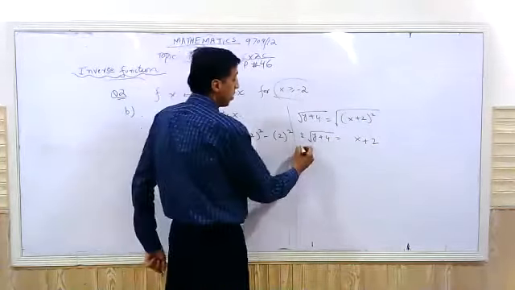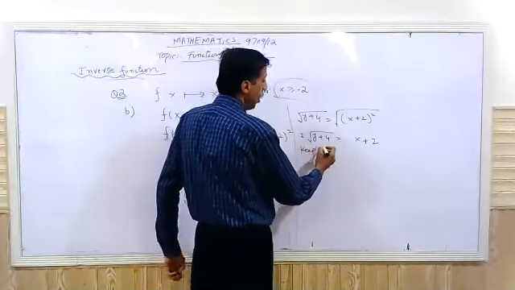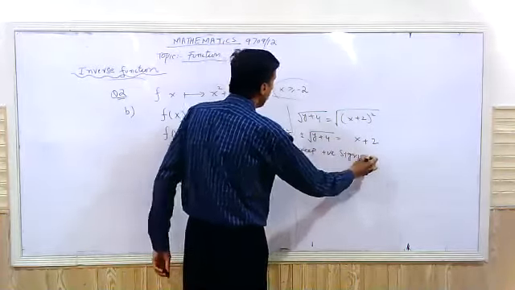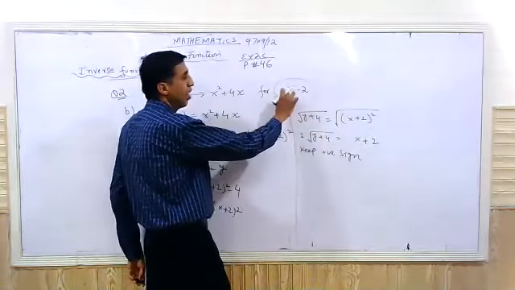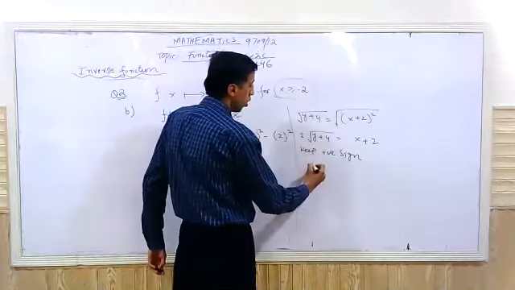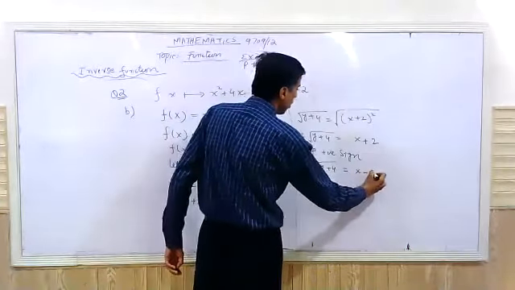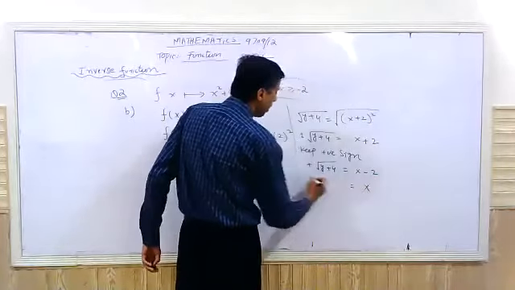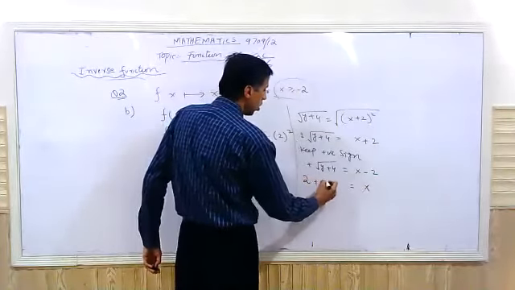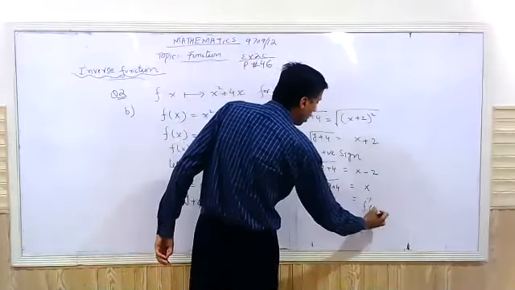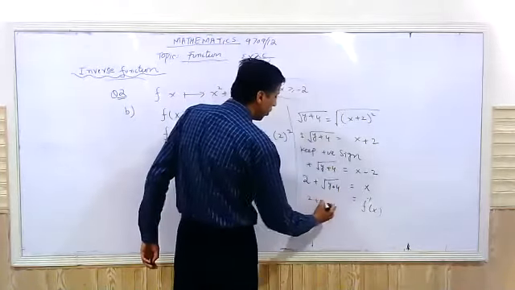But you have to write the statement, whatever sign you will have to keep the positive sign, because here the domain is greater than -2. Now make x the subject. And for the inverse, only change the variable.